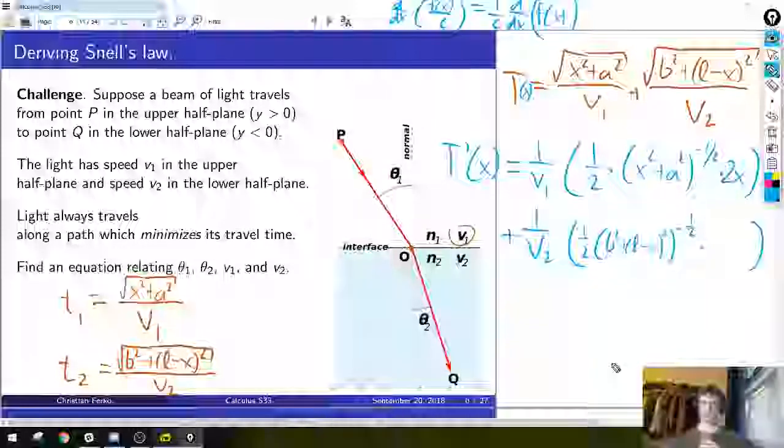Okay, so we see that the b squared is eliminated. Well, not eliminated. It is 0. And we're going to need to chain rule the L minus x squared. Oh boy, more chain rule, I think.